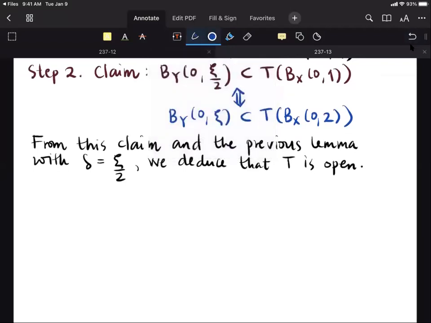And this is done by a pick a point method. So let's pick an element on the smaller set. We wish to show that this is also an element of the larger set.